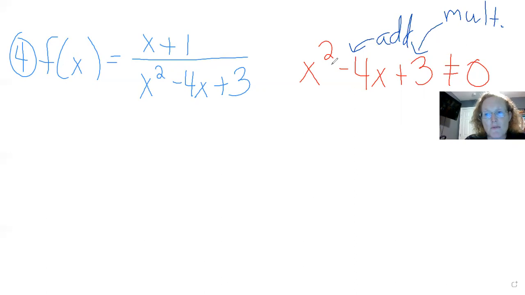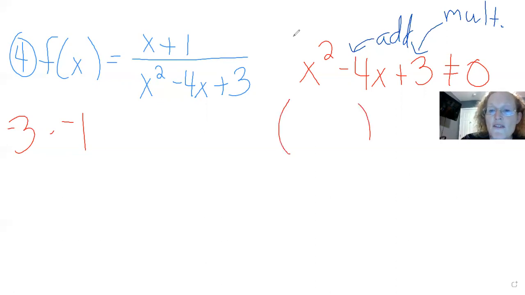Off the top of my head, the only 2 things I can think of that multiply to be a 3 are negative 1 and 3. There you go. And you are exactly right, both would have to be negative. The reason is because a negative 3 times a negative 1 does give me that positive 3, but then a negative 3 plus a negative 1 gives me that negative 4.